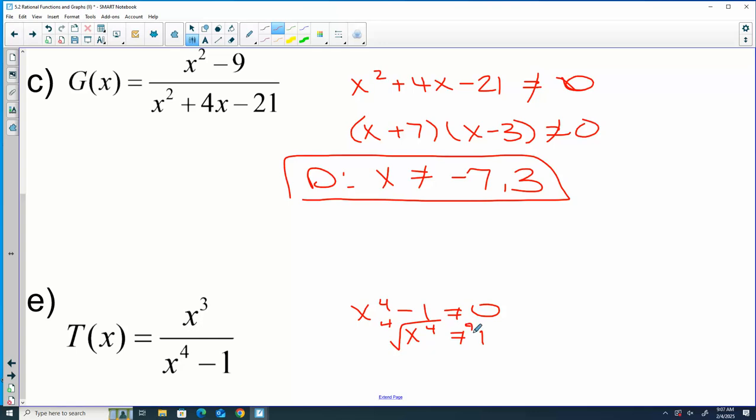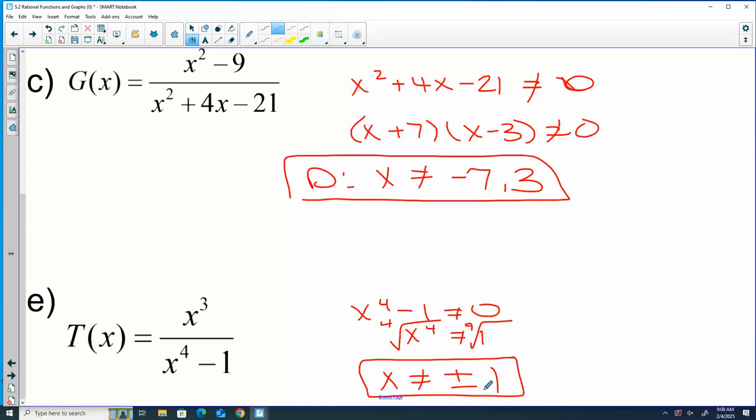If you do an even root, what do we have to put with it? So x cannot be plus or minus the fourth root of 1, it's just 1. So that's from Friday, finding our domains, and you will have some homework problems again asking that today. Domain, all you look at is your denominator. Denominator cannot be 0.